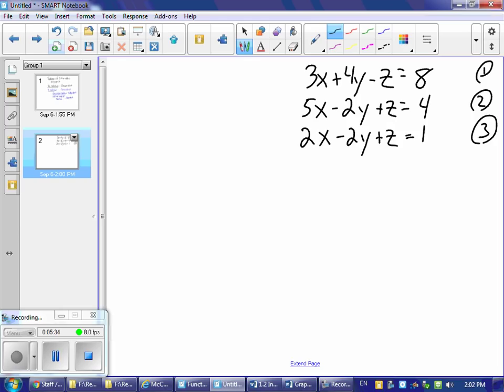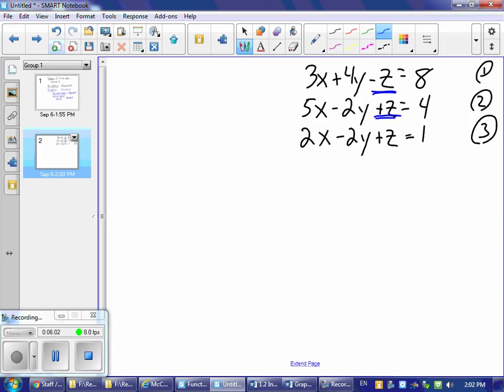So what you want to do is try and find a variable that's easy to combine with another equation, and it's going to make the variable go away when you add or subtract the equations. I like to try and stick with addition if possible. So if I look at equations 1 and 2, I've got a negative z there and a positive z there. If I add those two things, it's going to be 0, and that z is going to go away.